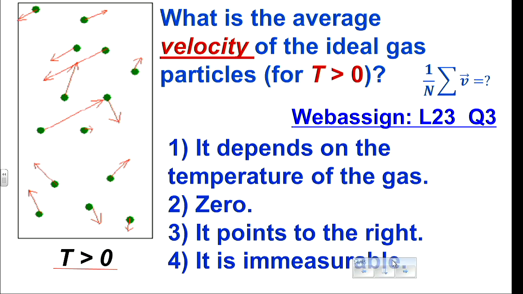Theoretically, we can calculate the thing we call average velocity. Average velocity is velocity number 1 plus number 2 plus number 3 plus number 4 plus number billion and 1 plus number 2 billions and second, and divide by the total number. That's what average is.